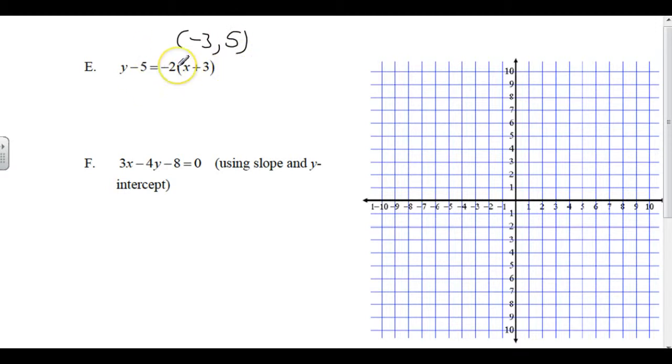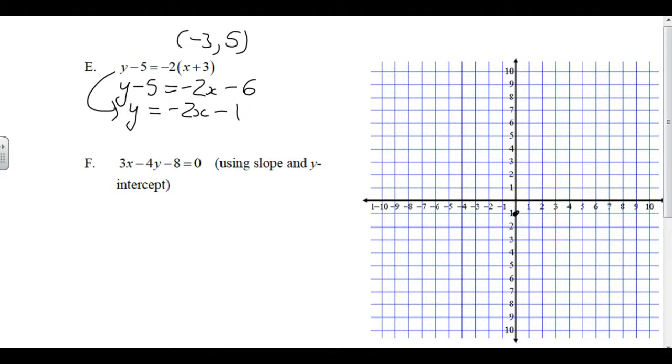So we could do that with a slope of negative 2, or we can go into slope y-intercept form, which would probably be what I prefer. Negative 2x, add 5, be minus 1. So my preference is probably to take this directly into slope y-intercept form.